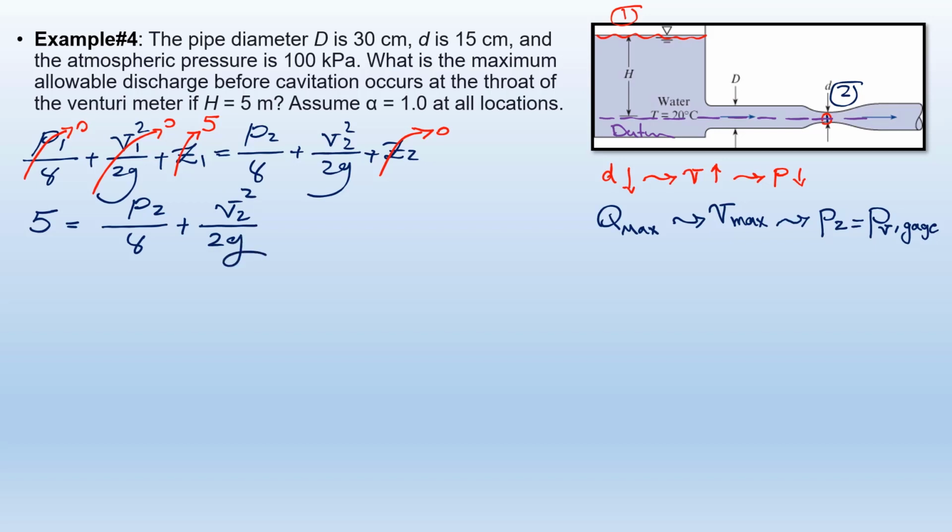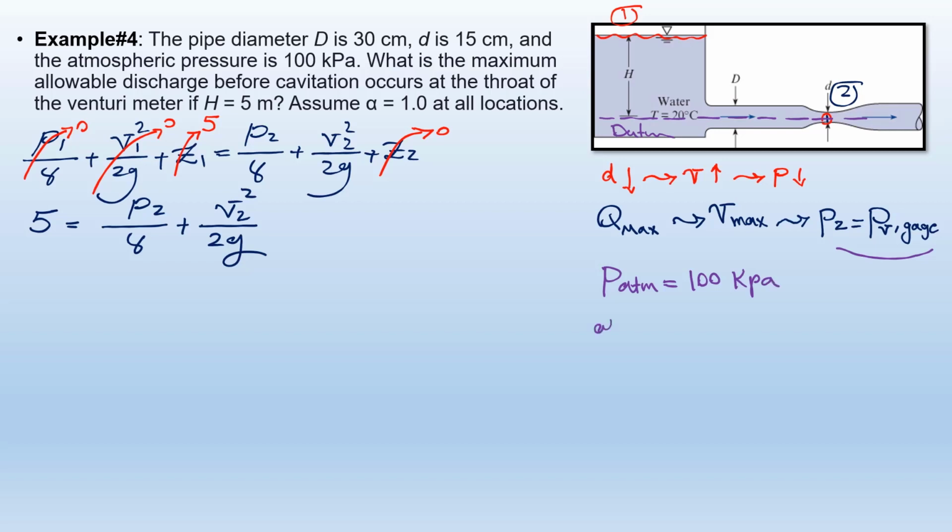Okay, now remember that we want our P2 to be equal to vapor pressure gauge. Now, we have the temperature of water given to us, 20 degrees Celsius, in the photo, and we have the atmospheric pressure. So we know that P atmosphere is equal to 100 kilopascal.